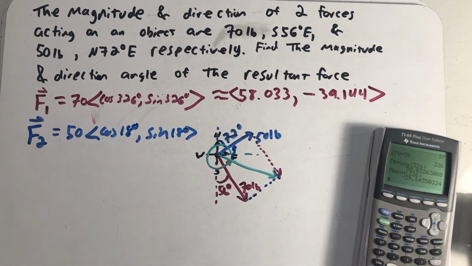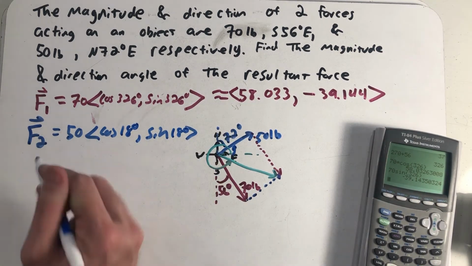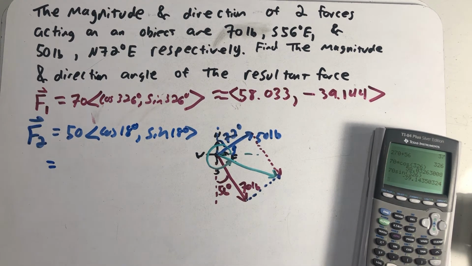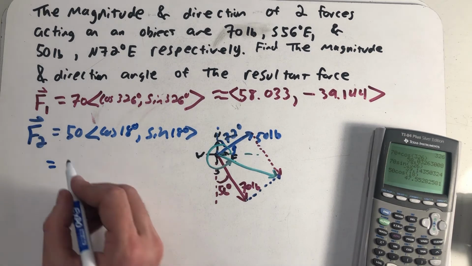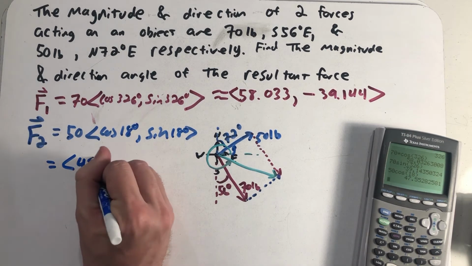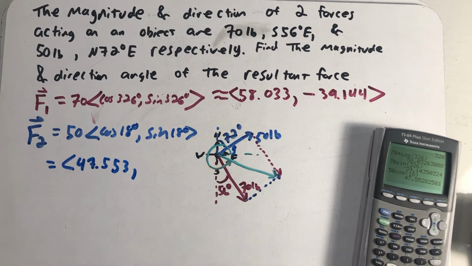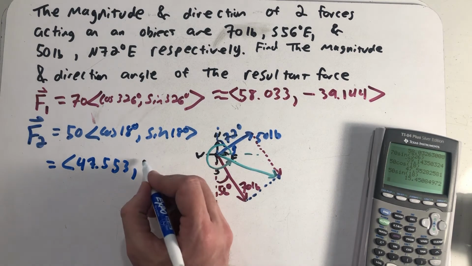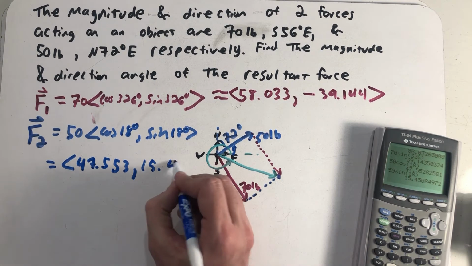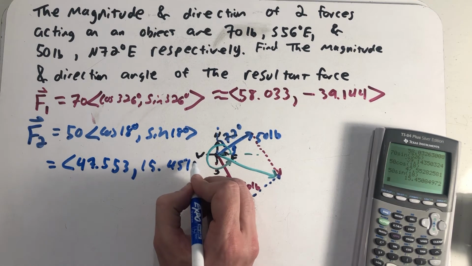I'll do the same thing for force 2 here, the blue one. So 50 times the cosine of 18 degrees, 47.553, comma, 50 times the sine of that same angle, 18 degrees, 15.451.